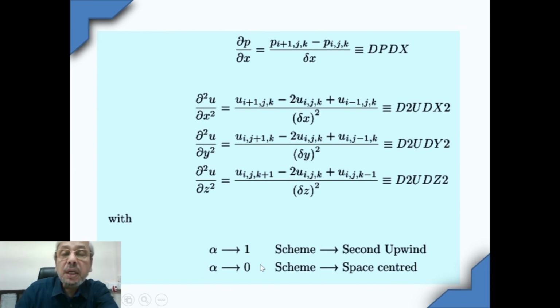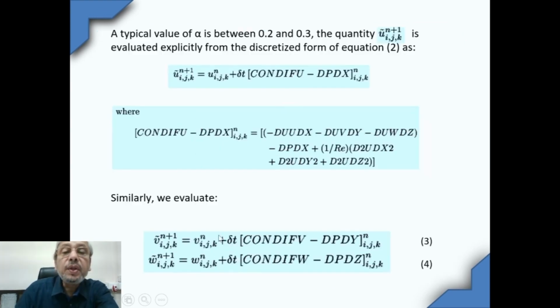So for stable calculation, we will introduce upwinding, but this alpha value will be very small. A typical alpha is between 0.2 and 0.3.